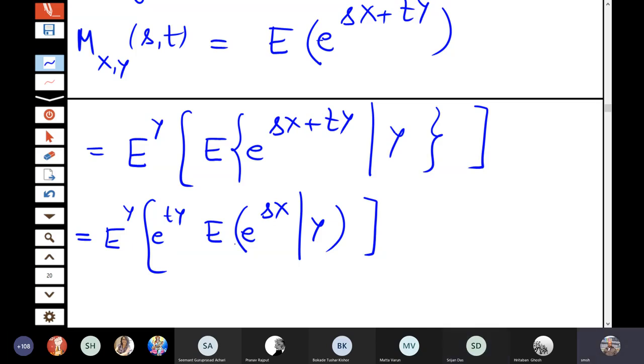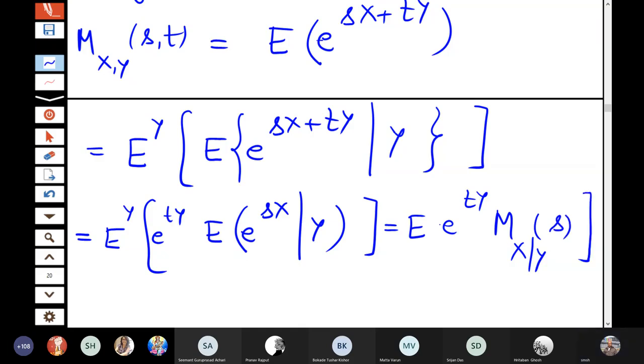So the inside quantity, expectation of e to the power sx given y, is nothing but the moment generating function of the distribution of x given y at the point s. And the conditional distribution of x given y is normal, you know that thing.